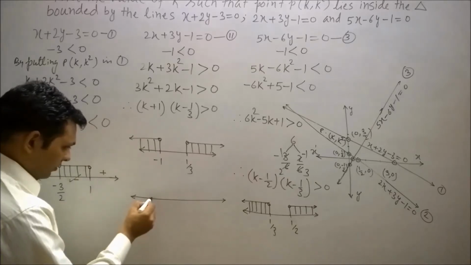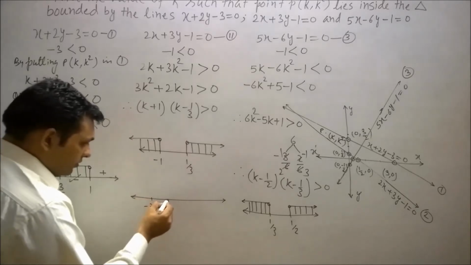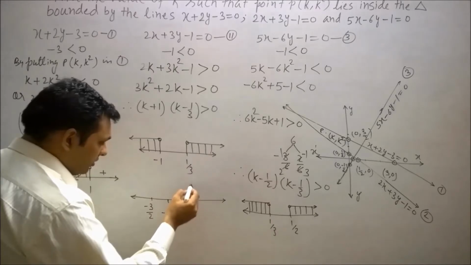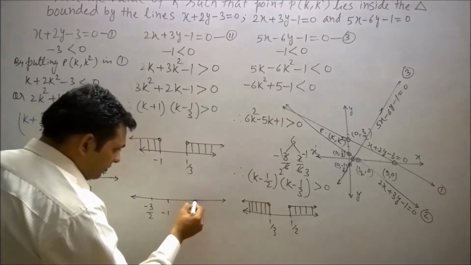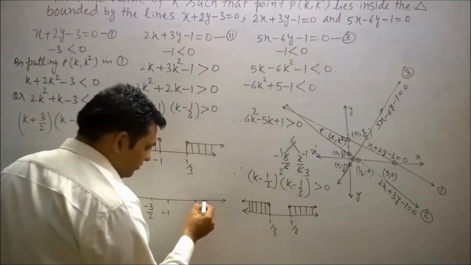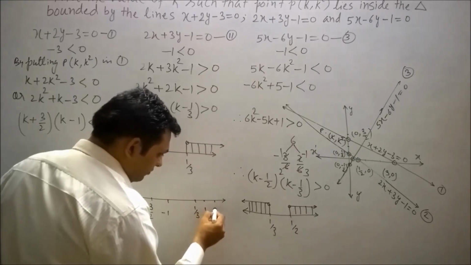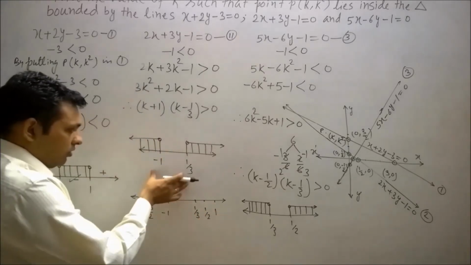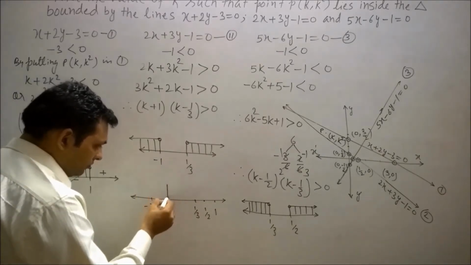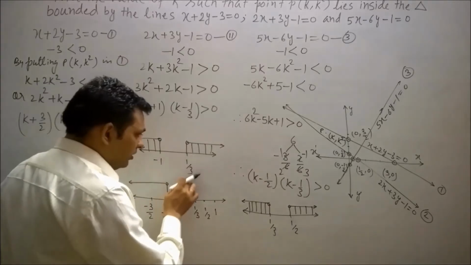Let's say this is minus 3 upon 2. Let's say this is minus 1. Let's say this is 1 upon 3. And let's say this is 1 upon 2. And this is 1. The solution set of this inequality is minus infinity to minus 1 and 1 upon 3 to infinity.